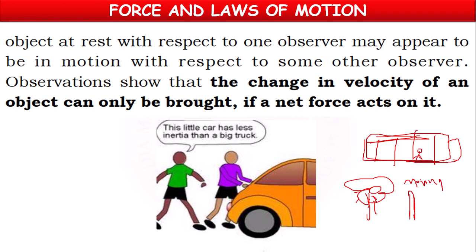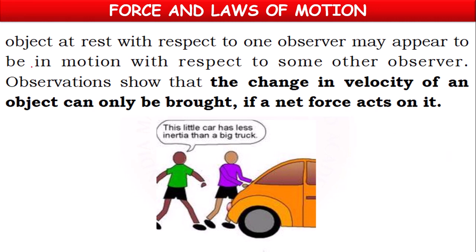So for a person inside the train, the outside objects appear to be moving. But for the person standing on the earth, the two objects which are on the earth will be at rest. So rest and motion are relative terms. They are not absolute terms. Next.